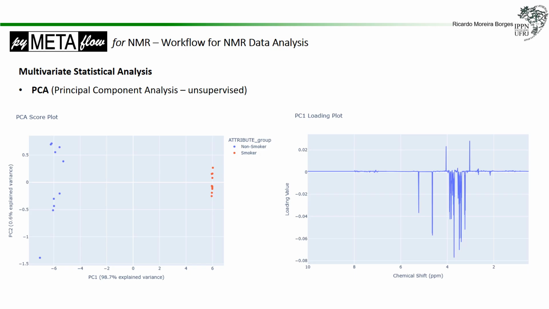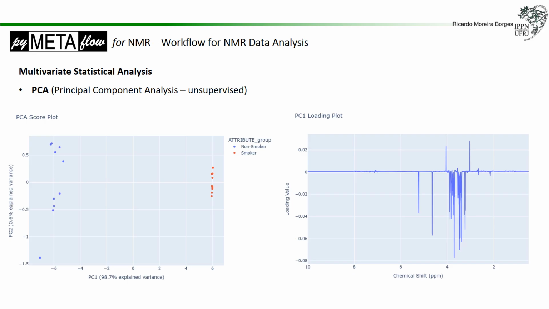The color code is defined by the classification column from the metadata, and we can plot the loadings as a spectrum. That is pretty useful for us to check which peak is actually responsible for the grouping or the differentiation, right?